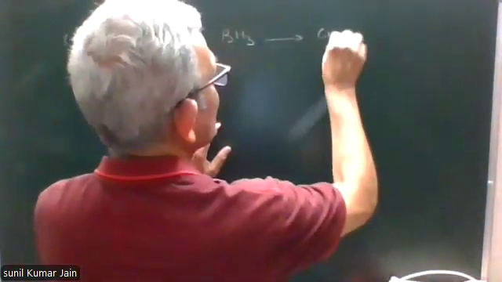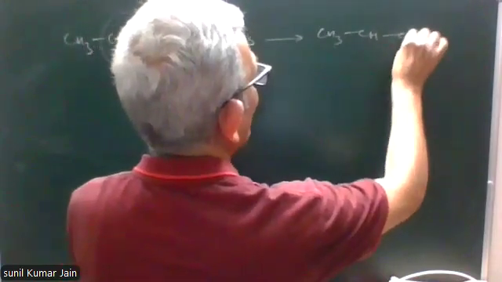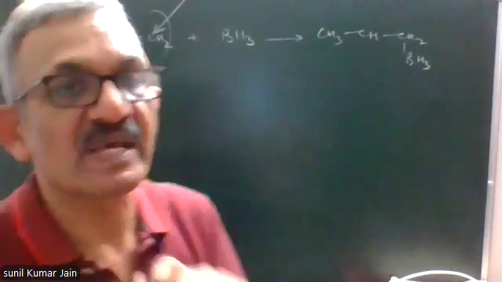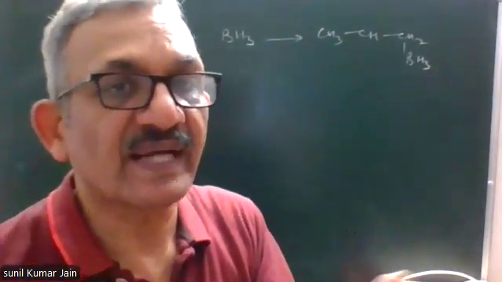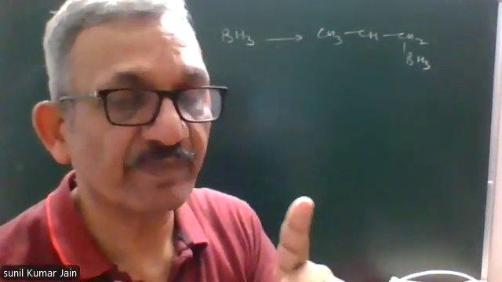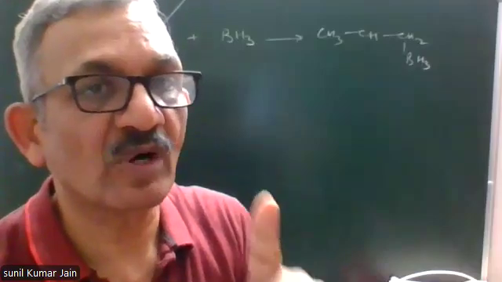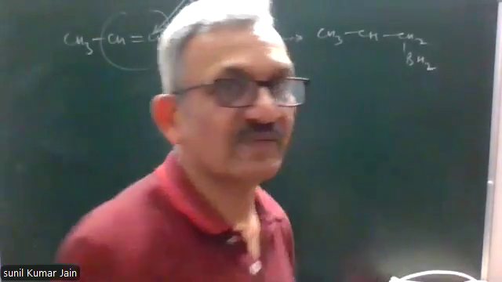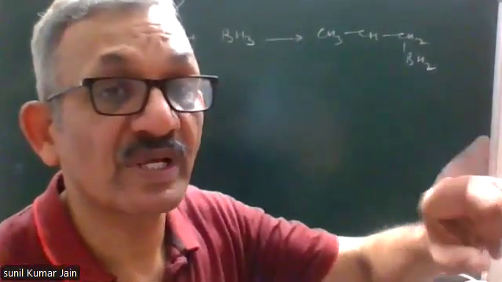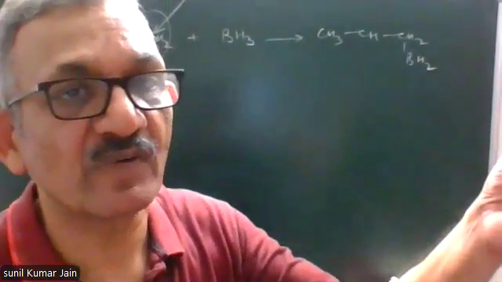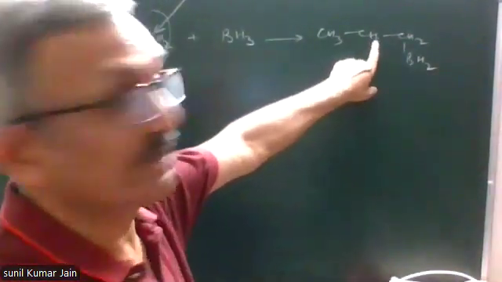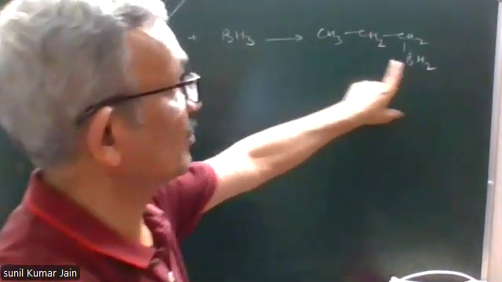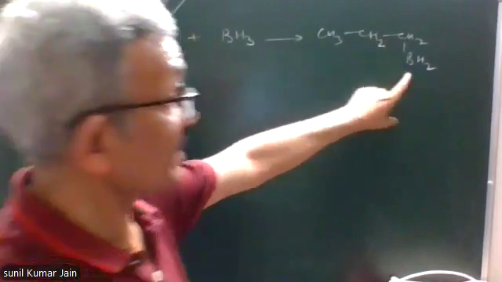So this will be CH3, CH, CH2, BH3. Don't write, please. Then you have written that at the same time, one hydrogen atom from boron shifts to the other carbon atom of C double bond C. The other carbon is this one, so one hydrogen from boron will shift to this carbon atom.